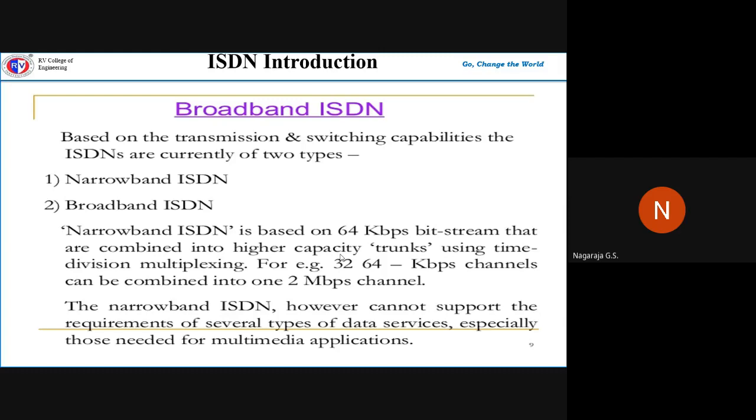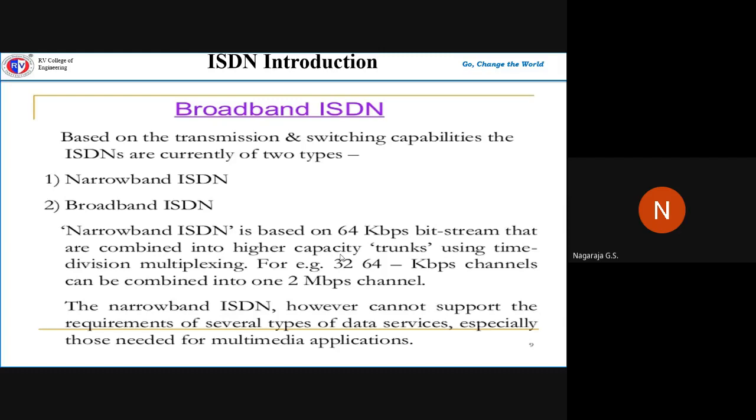Hence there won't be any issues. That's where you look at narrowband ISDN on one side and broadband ISDN on the other side for the communication purpose. If you have narrowband at both sides, obviously there is an issue.